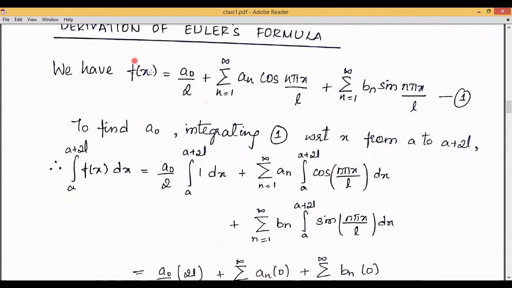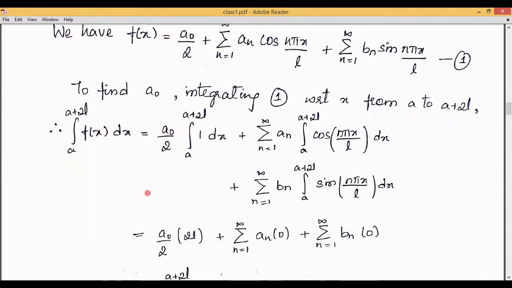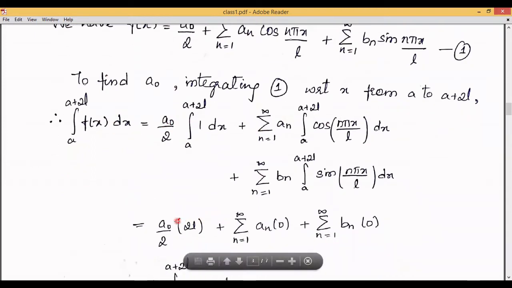Integrating equation 1 with respect to x between the limits a and a plus 2L, we have this equation. By the basic result, this term and this term vanish, and we are left with this term and this term. Here a naught by 2 into the integral from a to a plus 2L of 1 dx is 2L, and this thing is 0.